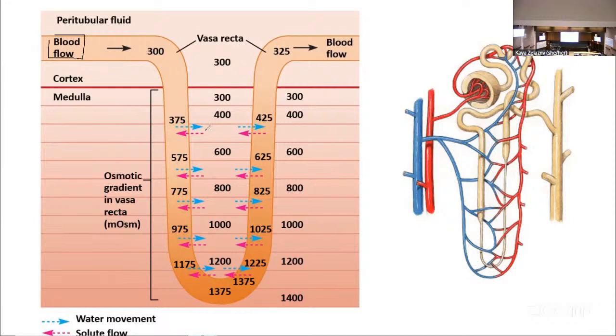So this is helping us take that water that's coming out of the descending limb of the loop of Henle and actually move some of it into the blood so that we don't water down the really highly osmolar parts of the gradient, and vice versa.